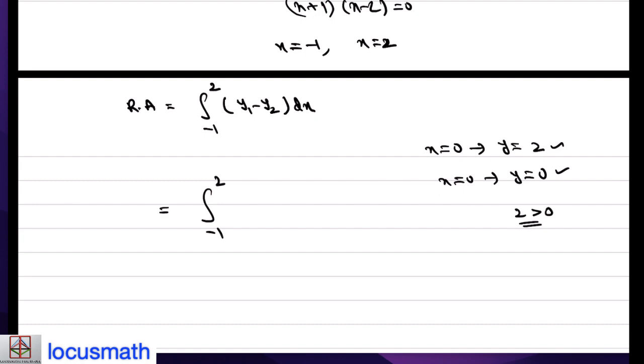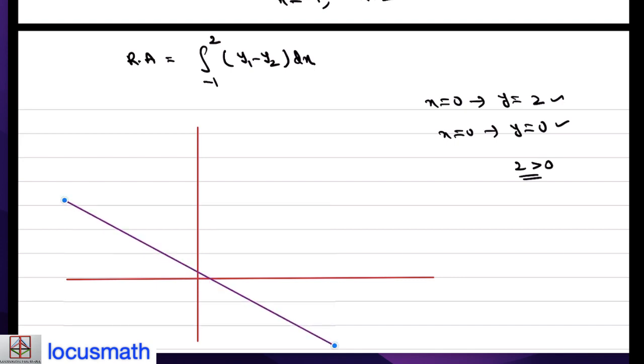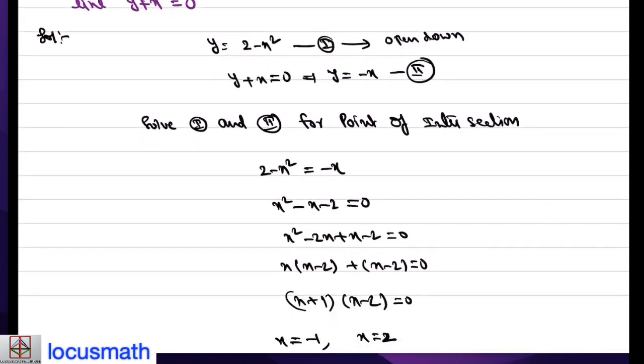Now we will draw the diagram. Then after we will solve the problem. So if you draw the diagram, this y is equal to -x is the line, and the parabola is an open downward parabola, because the coefficient of x square is negative.